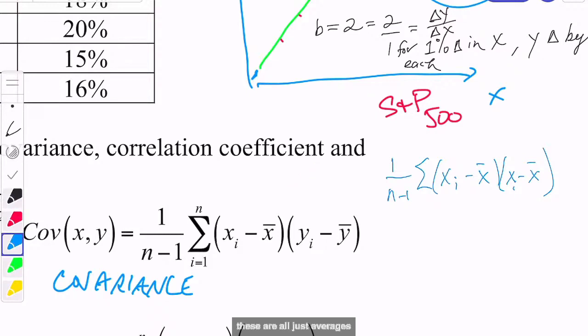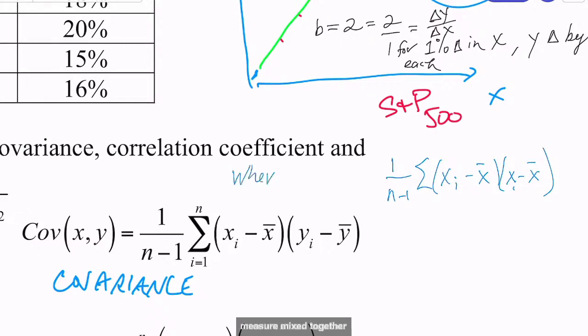These are all just averages, and it's like an average and a relative measure mixed together. So what is that? Do you recognize it?